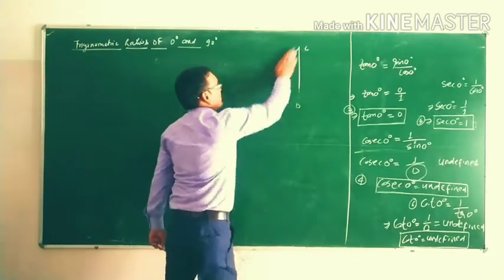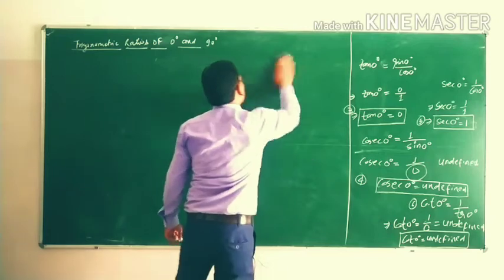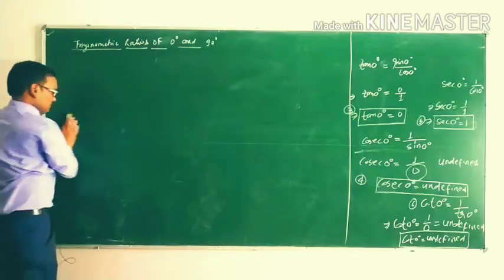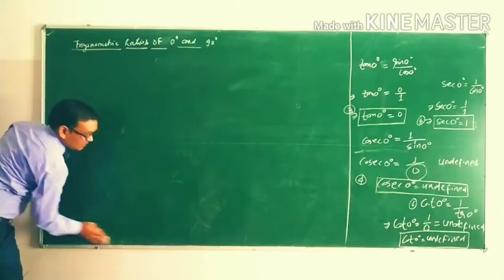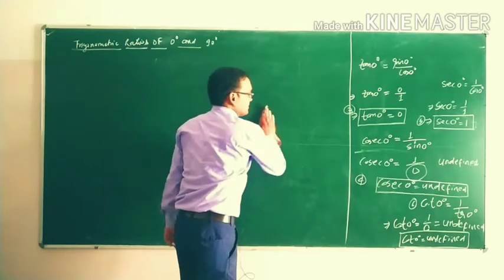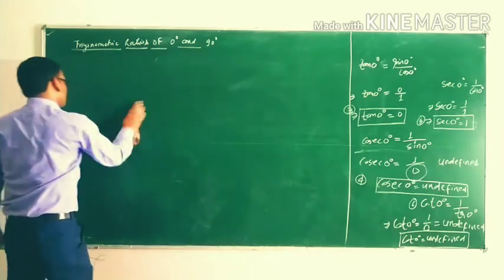That means we cannot define the value of cosec 0 and cot 0. Okay, students? These quantities are undefined quantities.